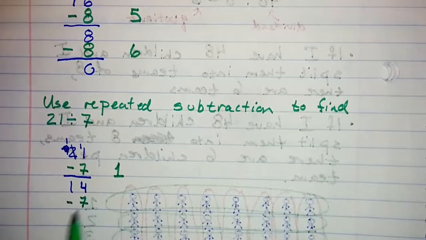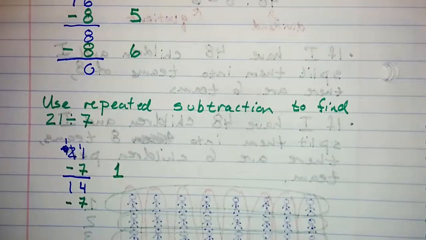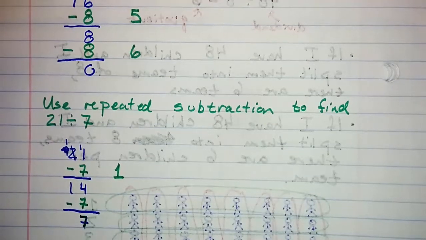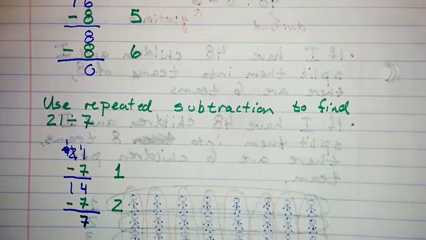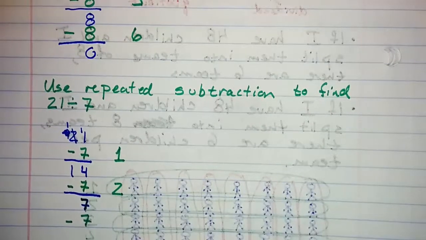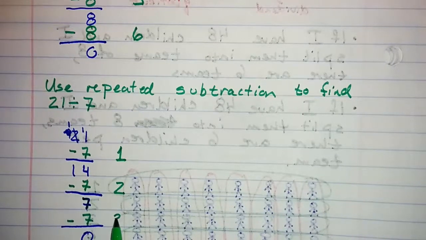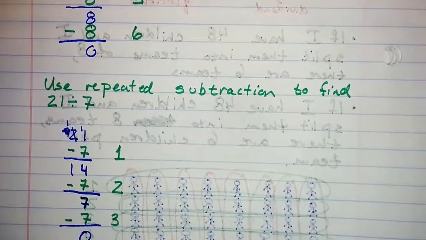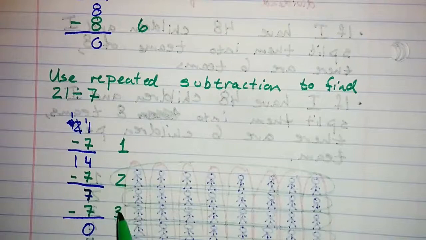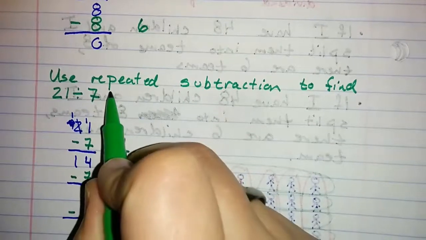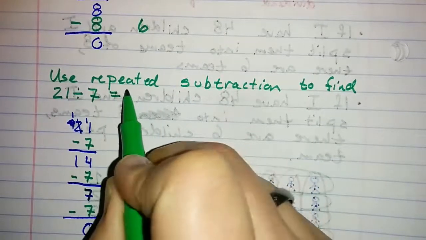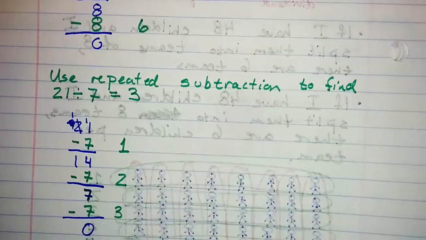I take away 7 more. 14 minus 7, I know what that is. That's just 7. So I've made my second group of 7. And 7 minus 7, well, that's just 0. And that was my third group of 7. So I made 1, 2, 3 groups of 7. 21 divided by 7 is 3.